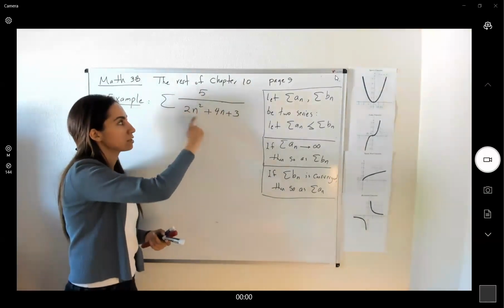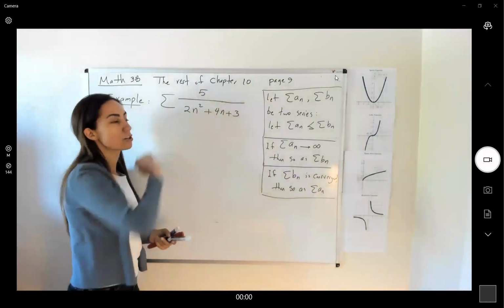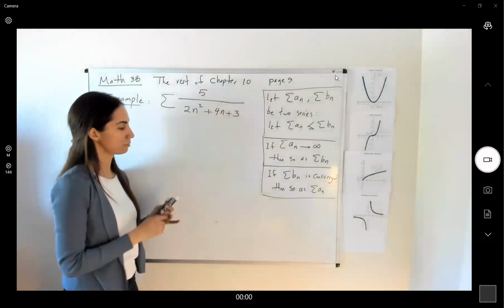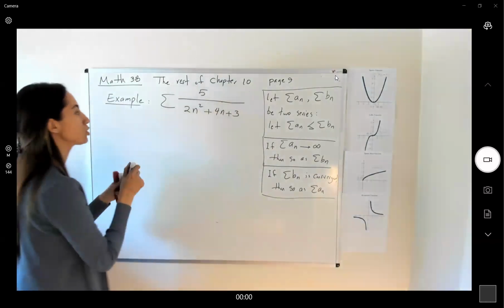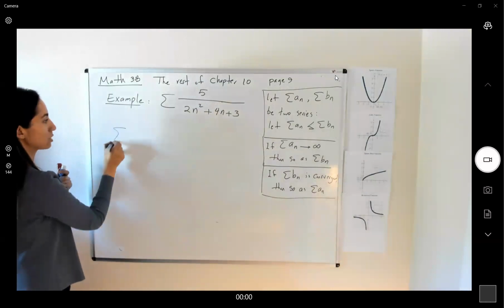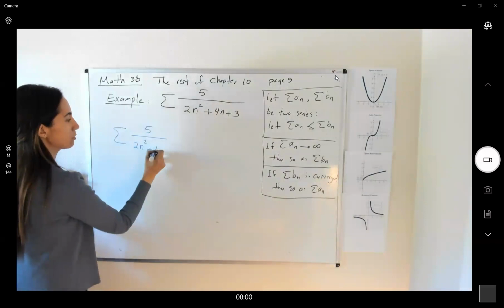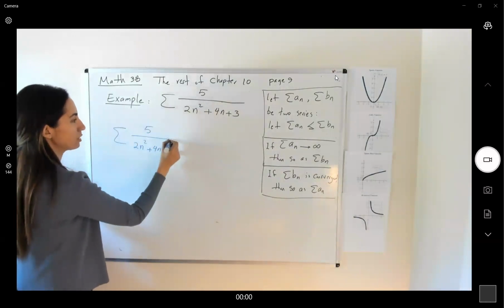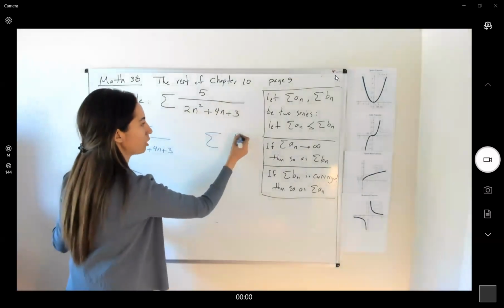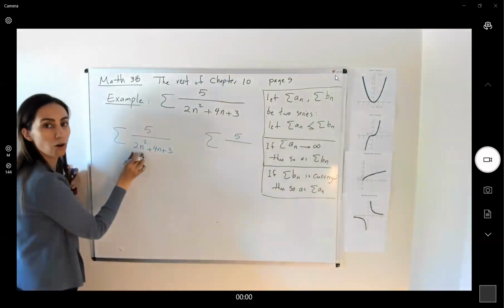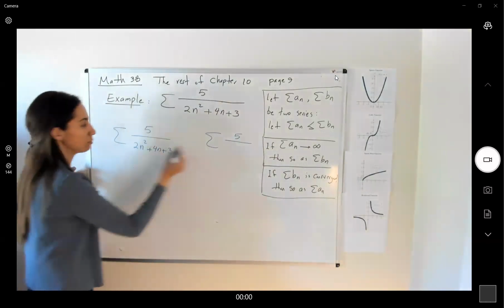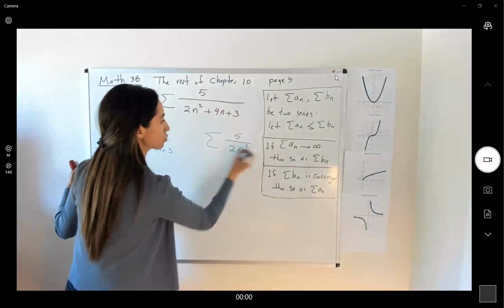Take a look at the term with the largest exponent. You can compare these two series together. So this is your first series, 5 over 2n squared plus 4n plus 3, and series 5 over the largest term, 2n squared.